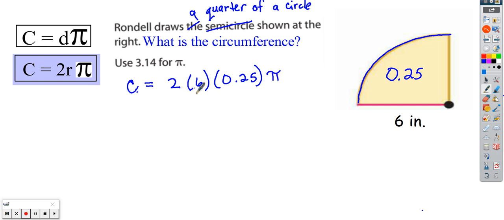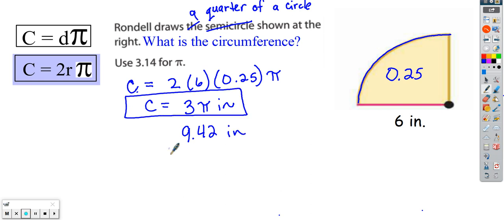Well, I know 2 times 6 is 12, and 1/4 of 12 is 3. So my answer in terms of pi is 3 pi inches. If I multiply my 3 times 3.14, my calculated answer is 9.42 inches.